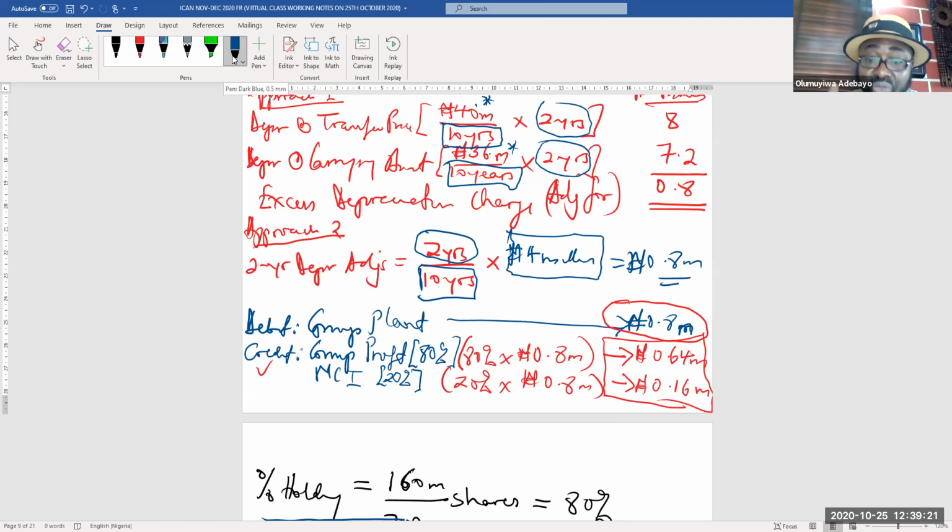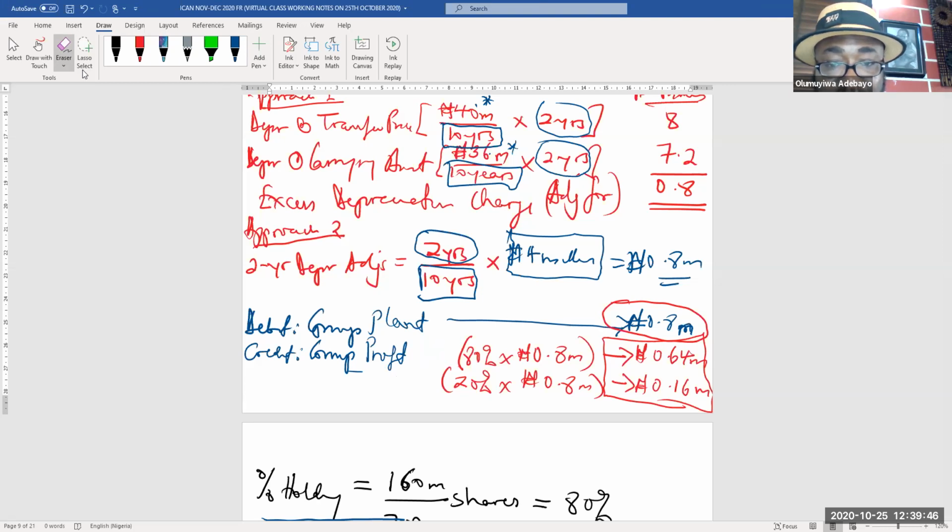Which then means that this depreciation that has been overcharged, which we need to reverse, has nothing to do with NCI, because all of this happened in the books of the parent. That's what I'm establishing. Which means in this case, NCI has nothing to bear in all of these adjustments.